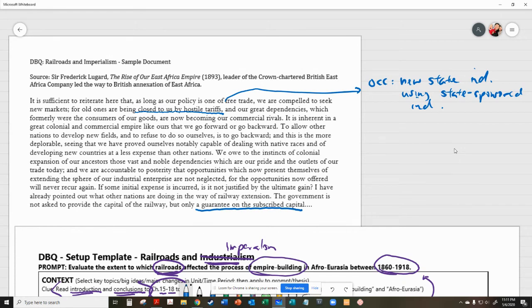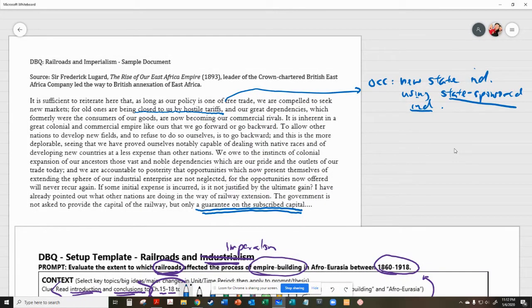In other words, the government is going to come in and help secure the cost of building this railroad in case the East Africa Company actually fails. So you're saying, look, the state should play a role in this process because why? Here's the occasion: new states are using state-sponsored industrialization. So again, that sources the document based on what's going on during this particular time period.